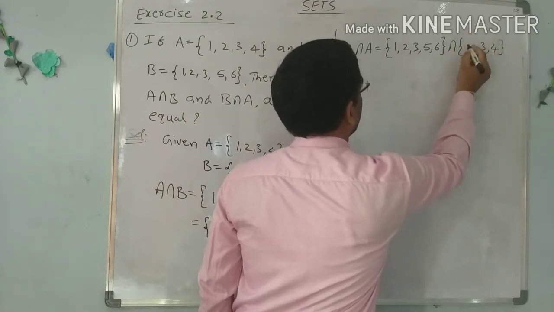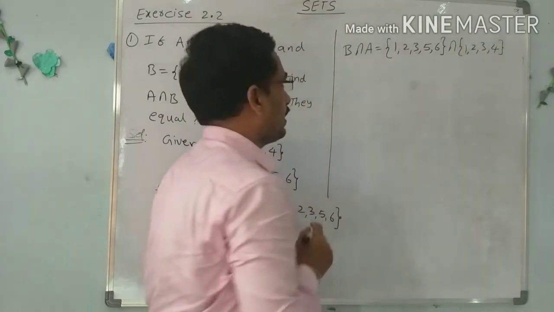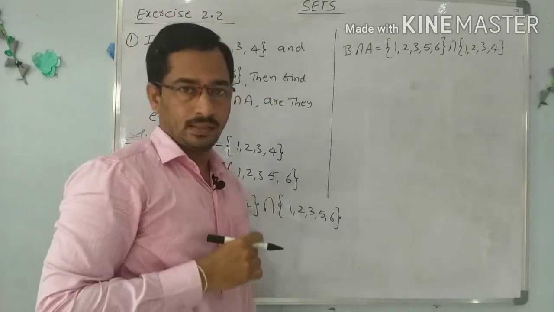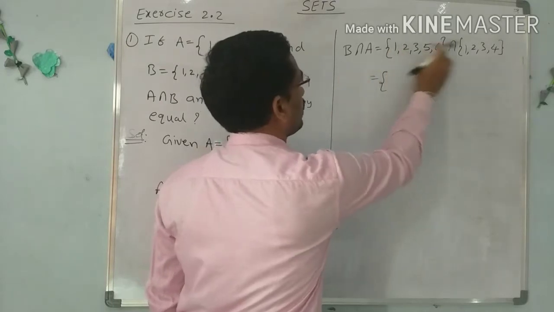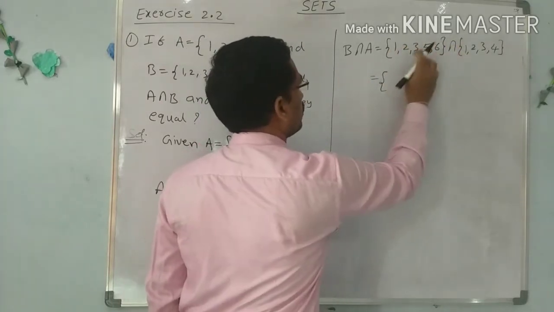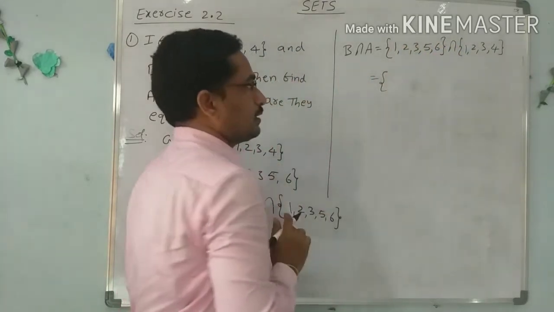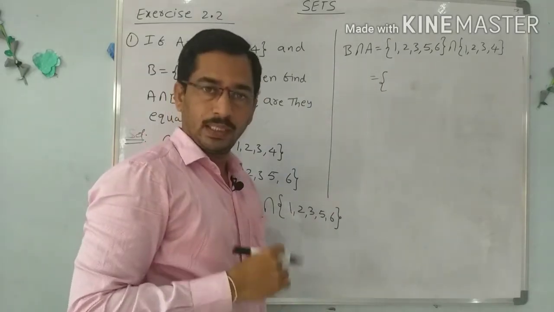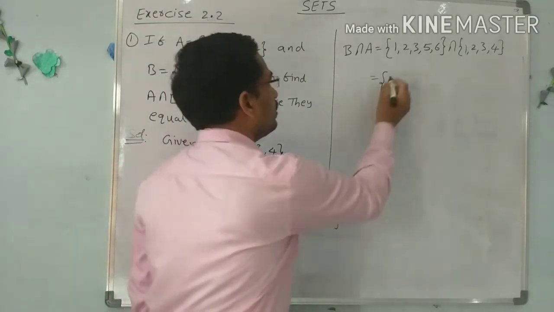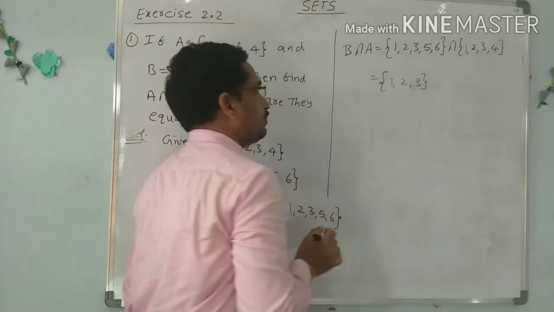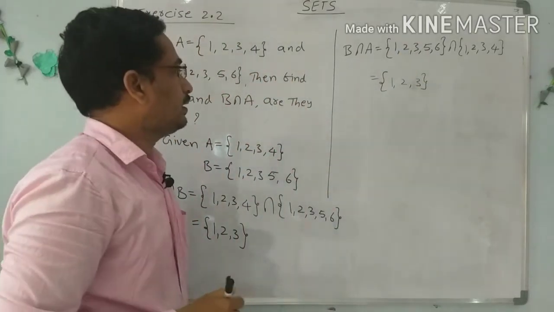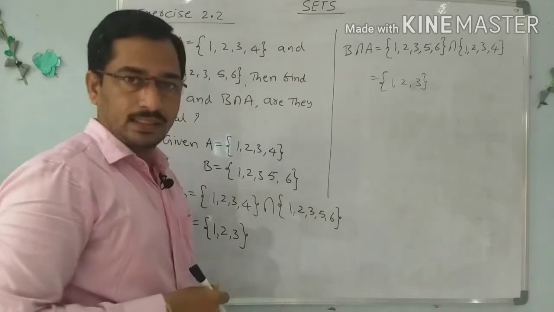So write the common elements that lie in B and in A. So identify that the common elements are 1, 2, 3. So these are the three elements that lie both in B and in A. So they lie in B intersection A.